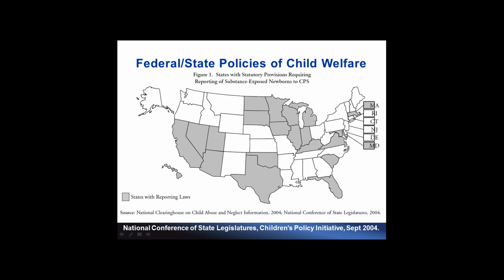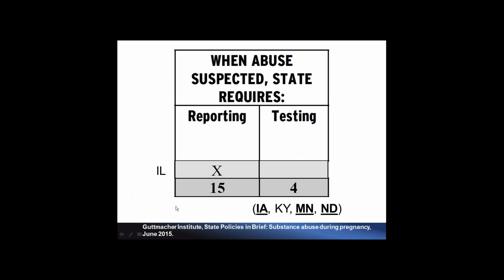So here I show you the map of which states have such reporting laws. As of June 2015, there are 15 states that require reporting when abuse is suspected, including Illinois. Three of them also require testing, and Kentucky requires the testing, but not the reporting.